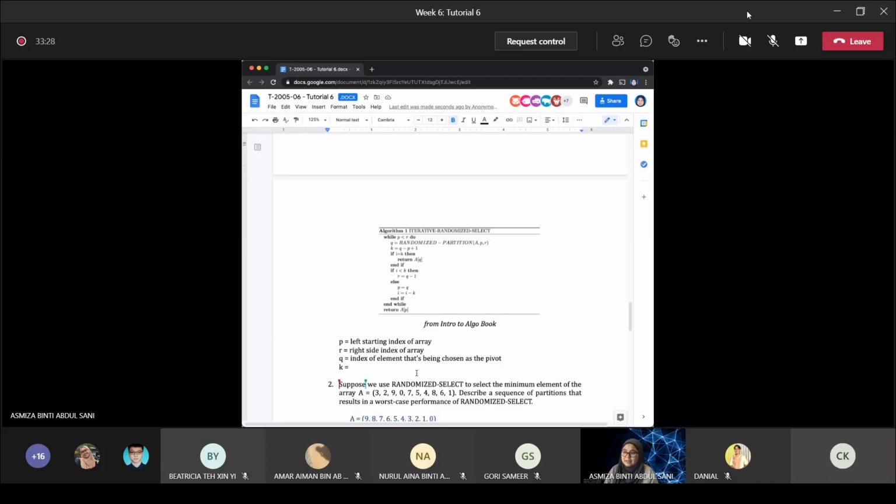So if let's say Q is 4, then the order statistic for that element Q is actually 5. You get what I mean?